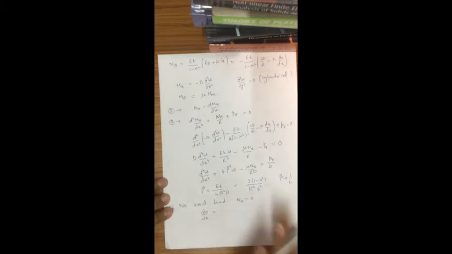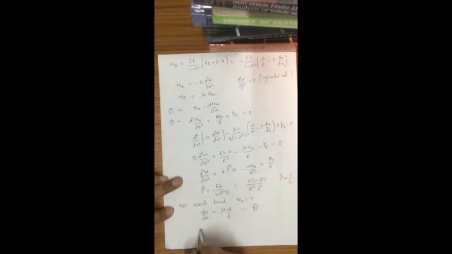That will be equal to mu times w by r. Okay, so this is my equation number 4, and this equation I am writing as it is, with Nx equal to 0 here. So therefore d4 w by dx4 plus 4 beta to the power 4 w equal to pr divided by D, equation number 5.